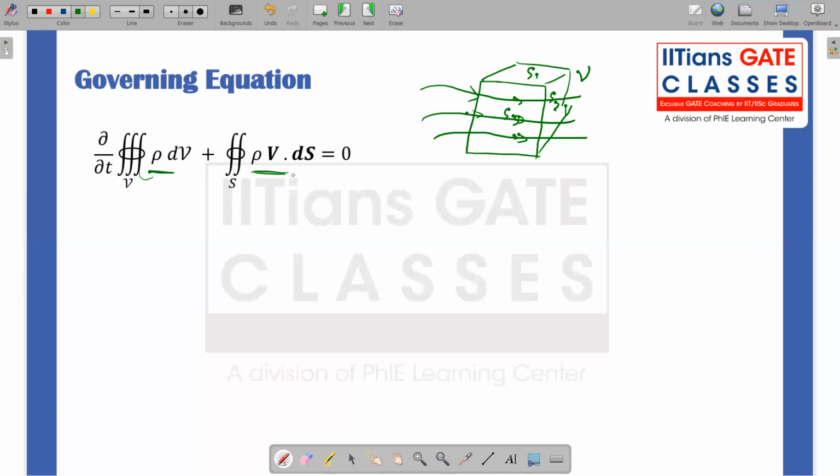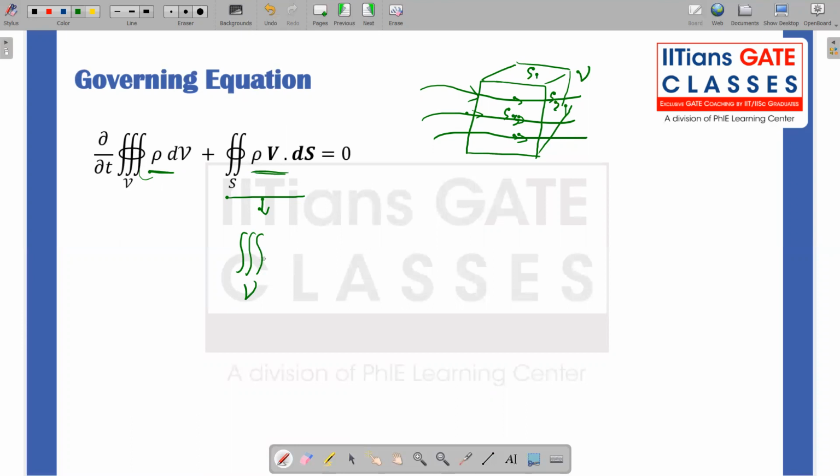So we can apply the Gauss divergence theorem to this one, because it is a closed surface enclosing a volume. What happens is this term simplifies to a volume integral. For a volume integral, the closed loop is not essential, because a volume is essentially enclosed.